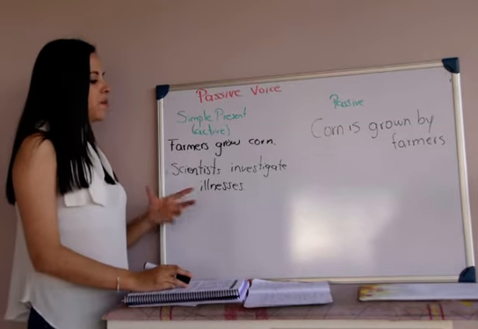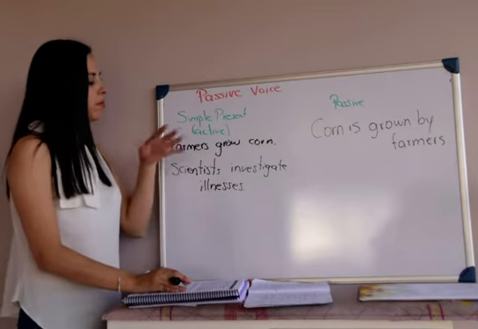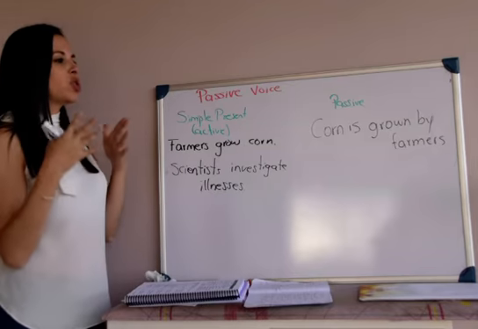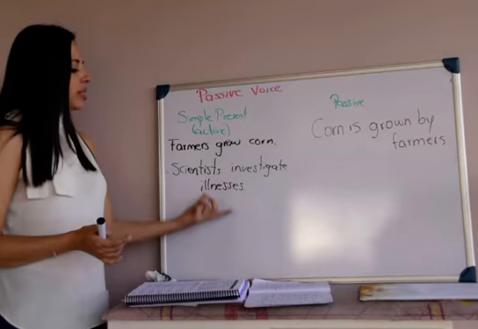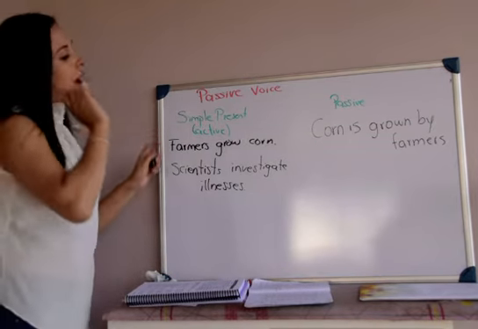Again, we have a subject. Scientists investigate illnesses. That's simple present, active. Now, what if I want to emphasize who the people are who investigate illnesses? Well, I change that sentence into passive voice.